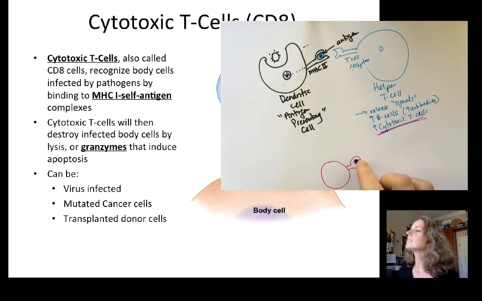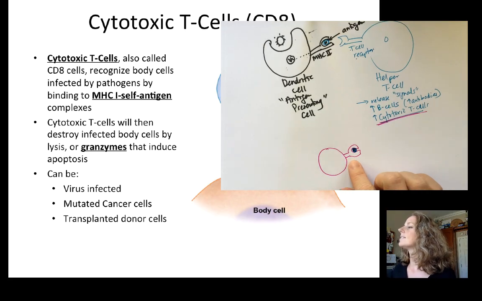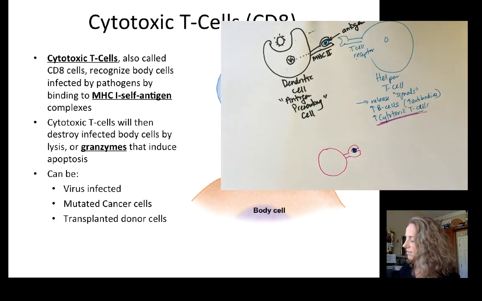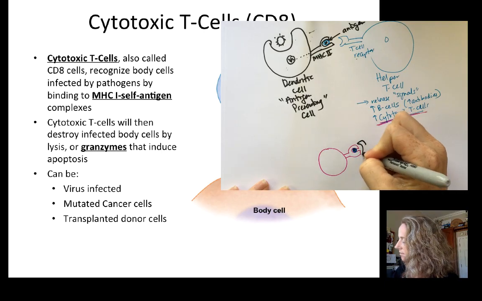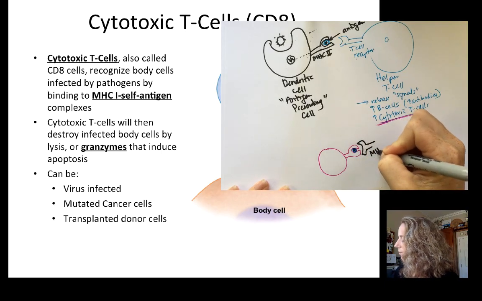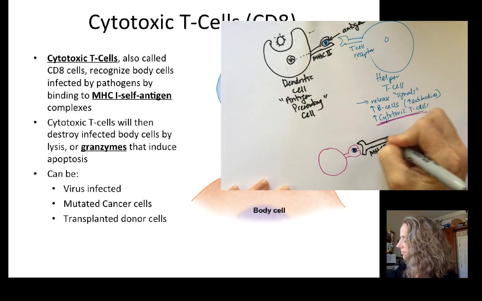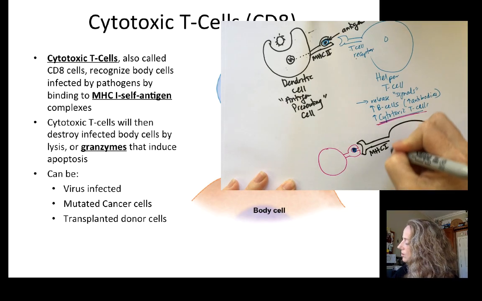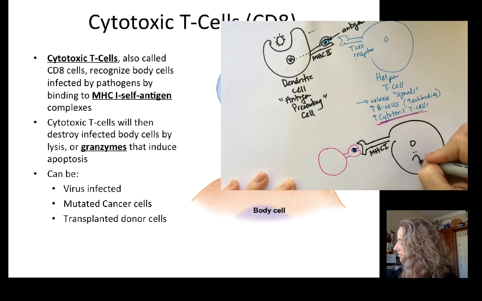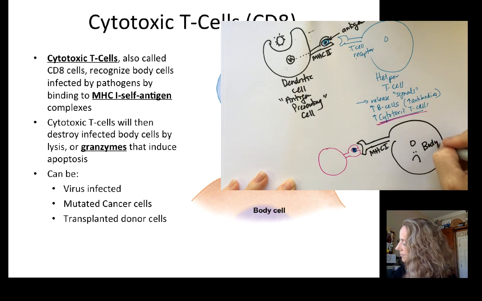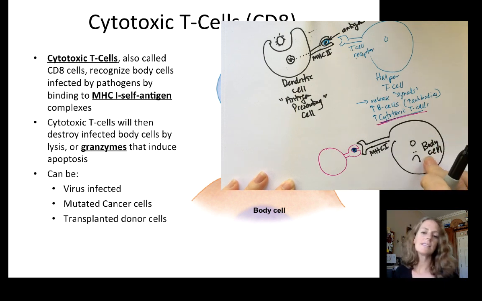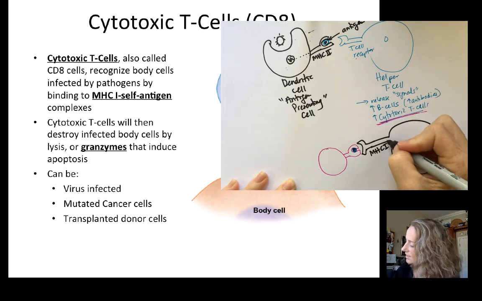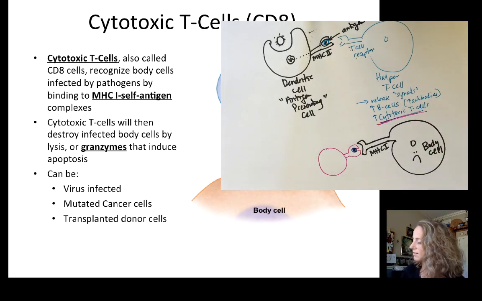When they find that antigen, they will recognize it by binding to an antigen that was on an MHC protein. MHC will be attached to an infected body cell. So this is a cell that has been infected and has displayed the cause of its infection, the antigen on its surface.